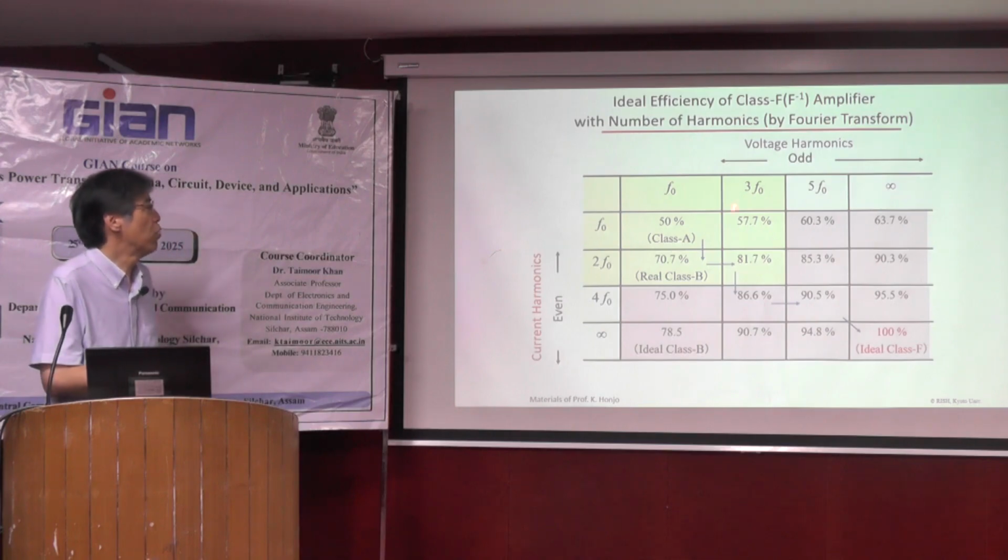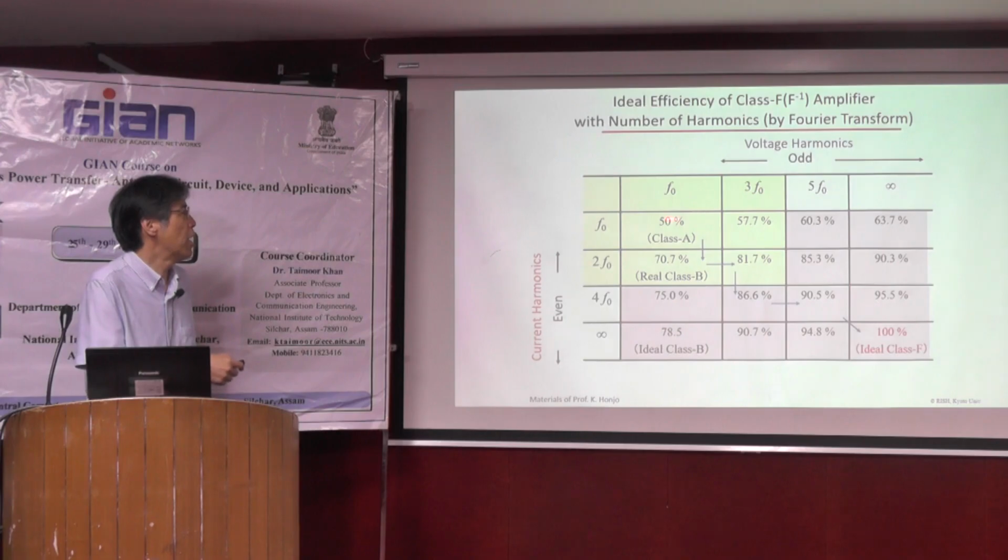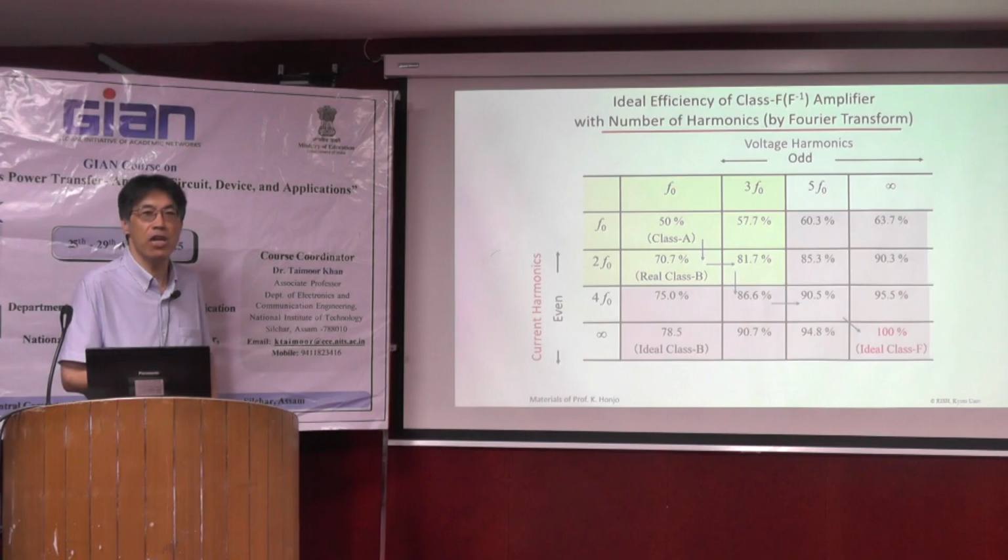And if we don't use any harmonics, and we don't use any relationship of the strange impedance, in this case, we use only a very pure main signal. In this case, this is named class A.